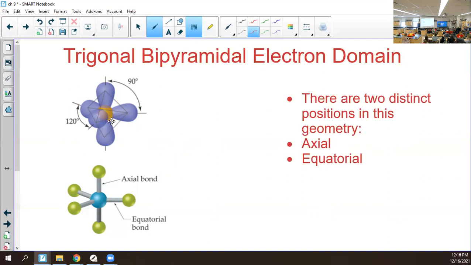This will matter because we're going to talk about the shapes in a minute, and we need to know which way they're going to go. Axial is the ones that go through vertically, just like the axis of the planet does, and equatorial are the things that go around. So we might use that verbiage on the next slide. Fair enough? Okay.